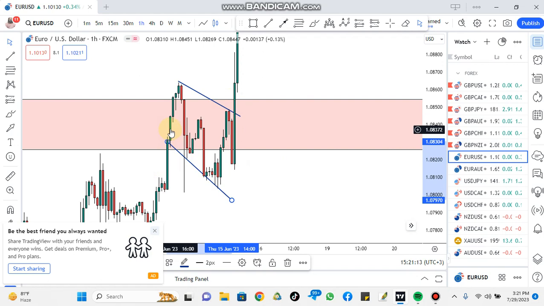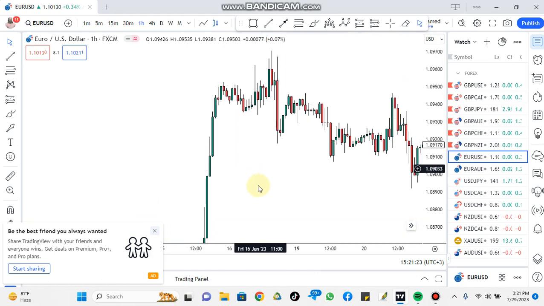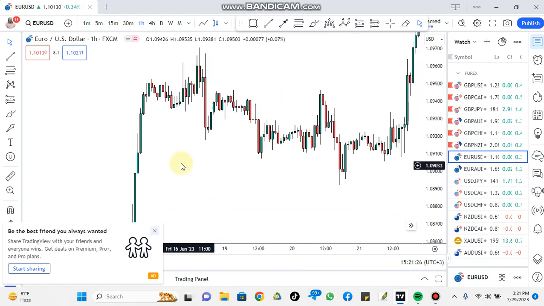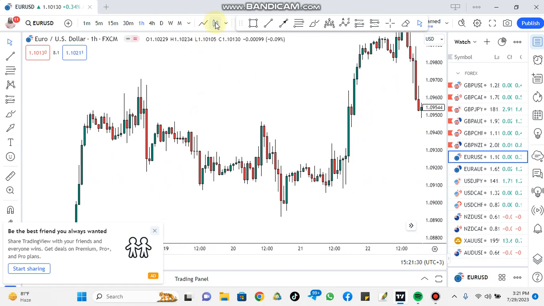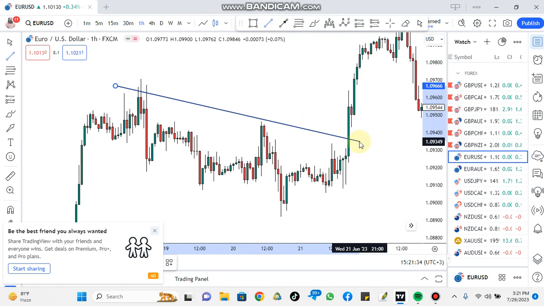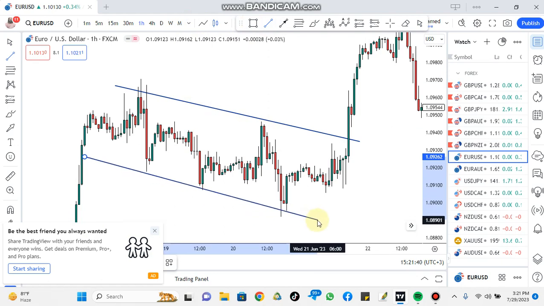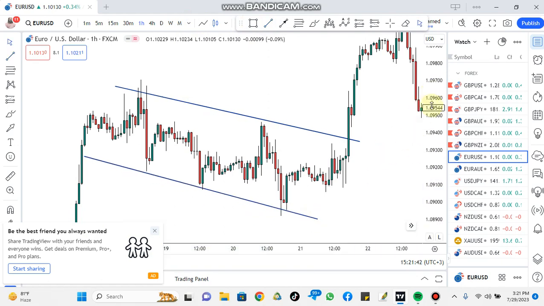Price came here upwards and started reacting between these key zones, creating this kind of trend line, and then it broke this trend line and there was an impulsive movement. Then again you can see there was another consolidation within here. You can see here there was another one before another upward movement again, right?